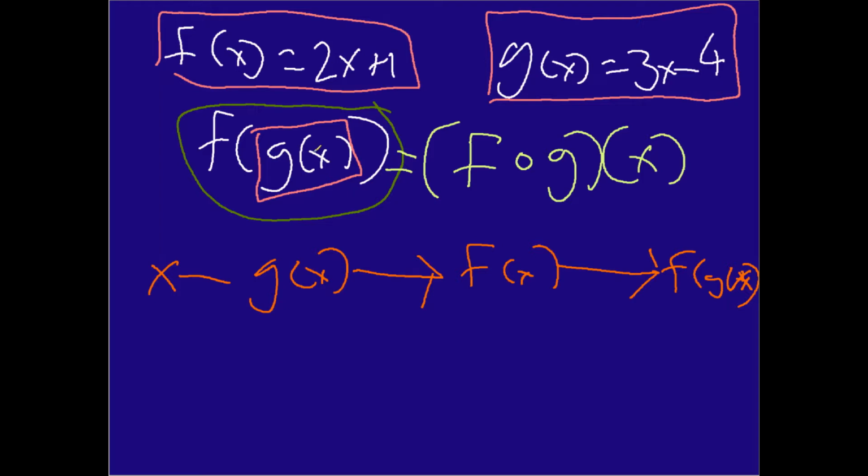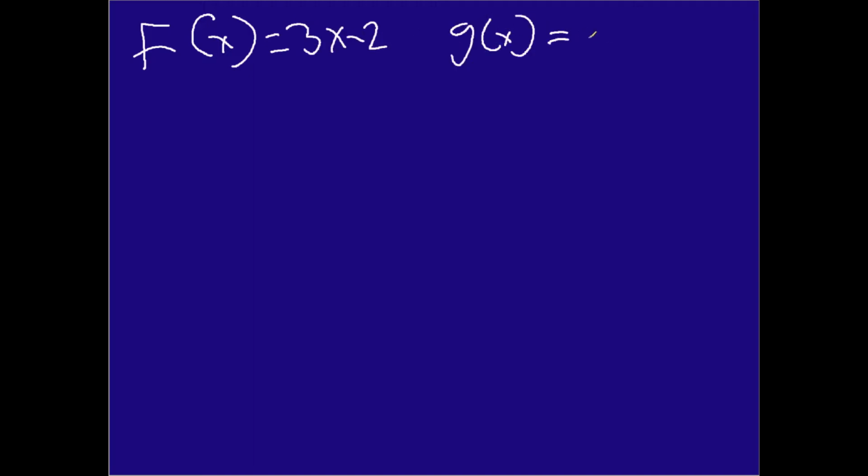So after giving you this theoretical stuff, why don't we do a couple of practical examples to make it clear, because right now I think it's a little fuzzy. So imagine we have these two functions here. We've got f of x equals 3x minus 2, and then we have g of x equals 5x plus 1.